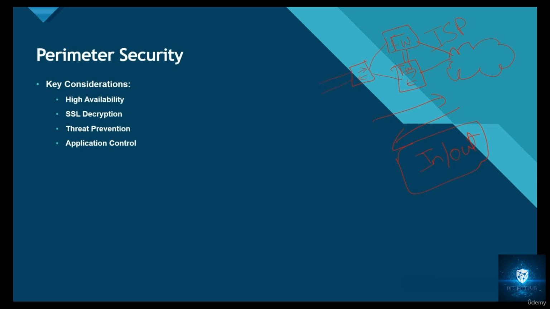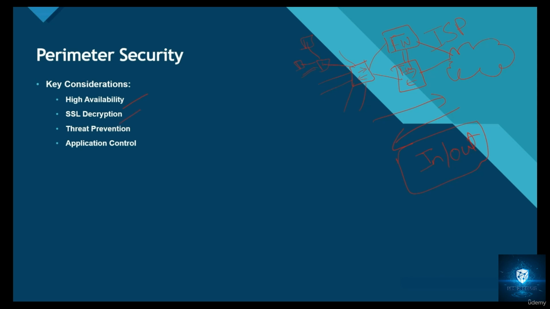And then from here you have the access layer switches. Then on those access layer switches you would have the endpoints connected, right? So these will be your endpoints. Like that, you should have HA configured. Then you have the SSL decryption.